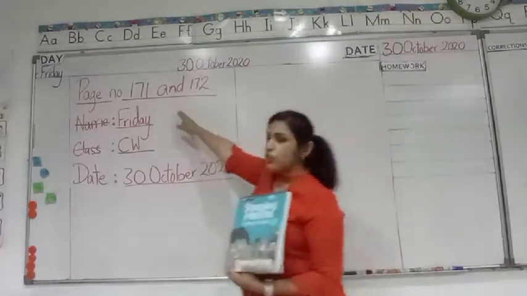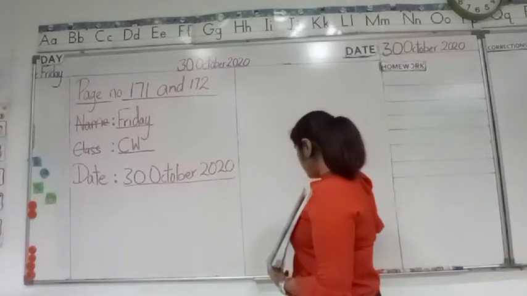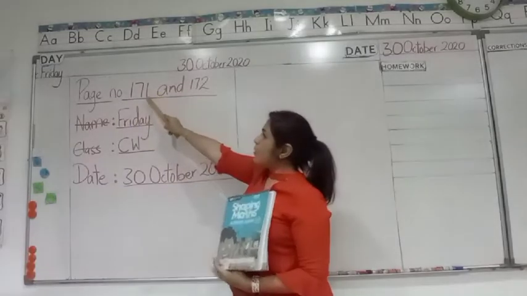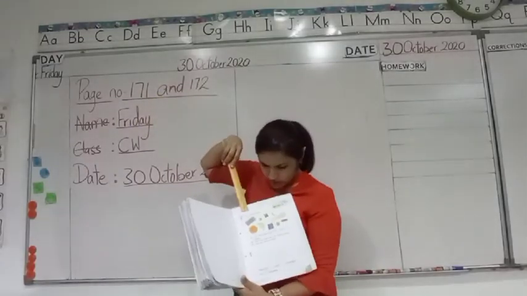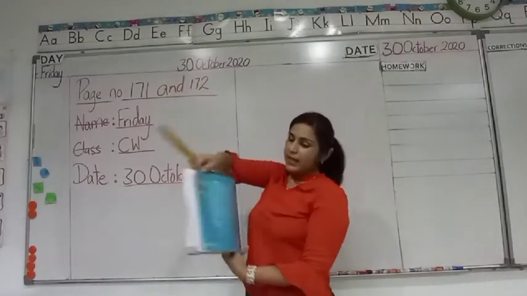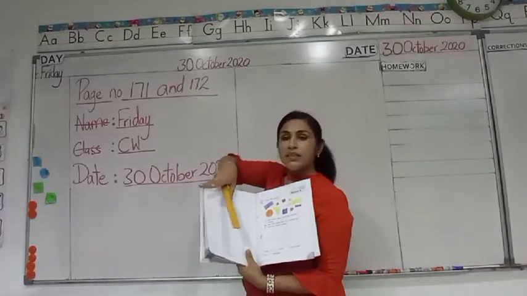Open up to your page number 171. As you can see here, I've written page number 171, which is this one, Review 4. It's towards the end of your book. We are done with this chapter.